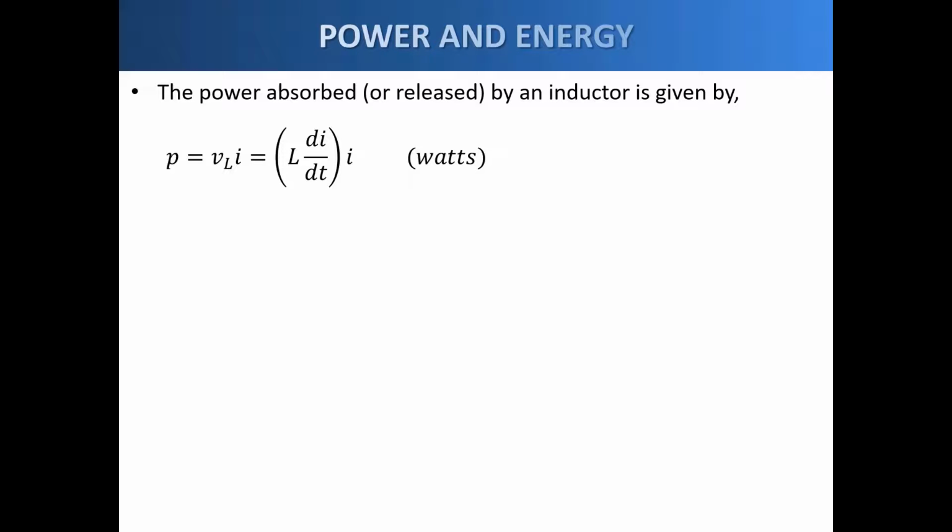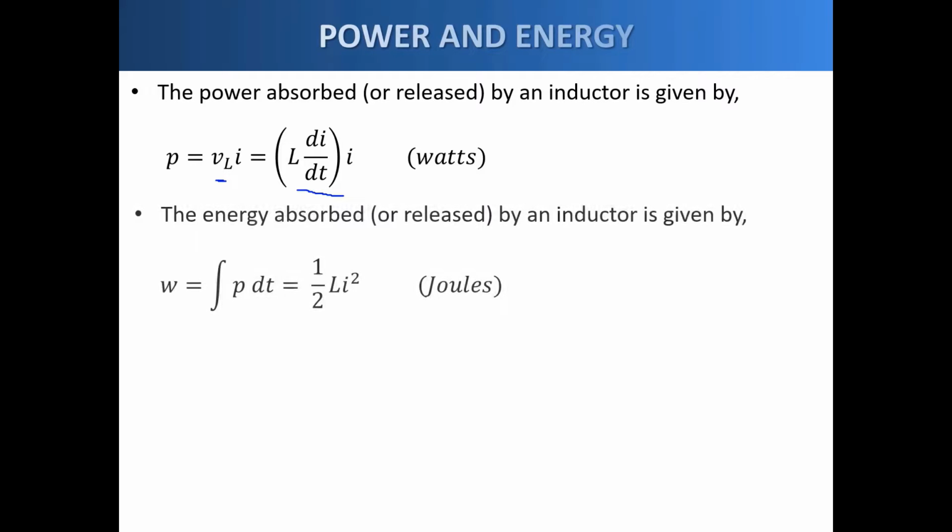So power is always VI, but we know V of the inductor to be L di/dt, so we could substitute that expression for V sub L. For the energy absorbed or released by the inductor, we could integrate the equation of power from one time instant to another time instant. That would give us an equation which is 1/2 L i squared.